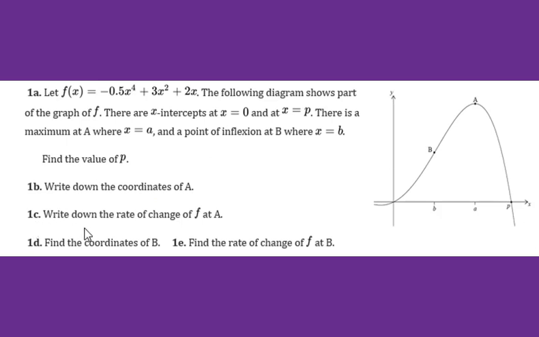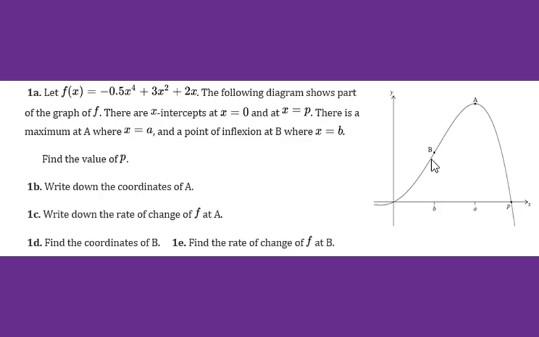For 1c, write down the rate of change of f at a. We know a is a local maximum value. Therefore, the rate of change, which means the derivative of f(x) at a, is equal to 0, because the derivative means the slope of a tangent line. For 1d, find the coordinates of b.